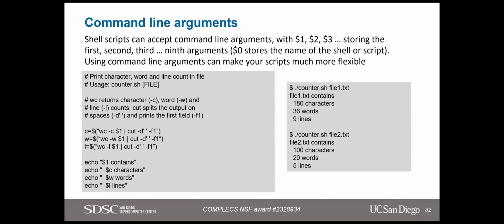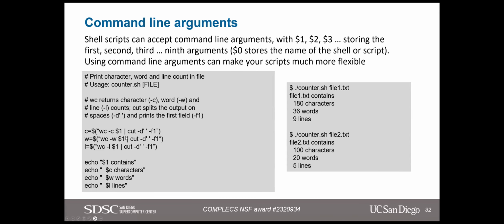In this section, I actually have two slides that show the same thing in different formats, to show an easy way and a hard way of doing things. In this script, we are returning variables for the number of characters in a file, the number of words in the file, and the number of lines in a file.